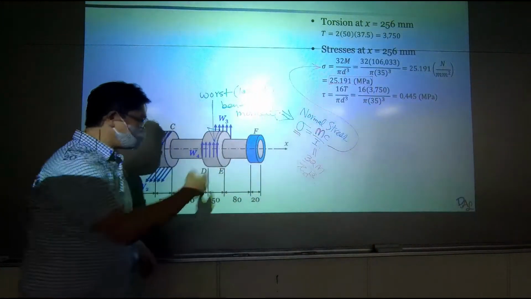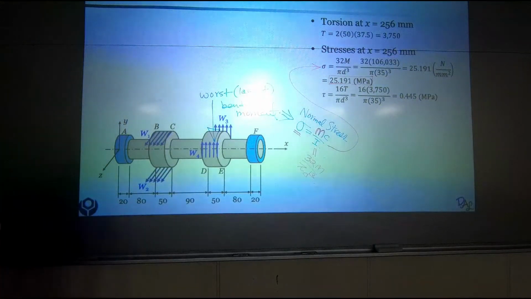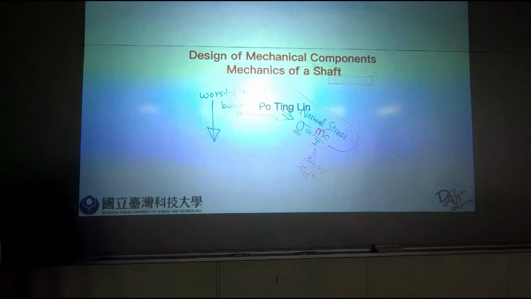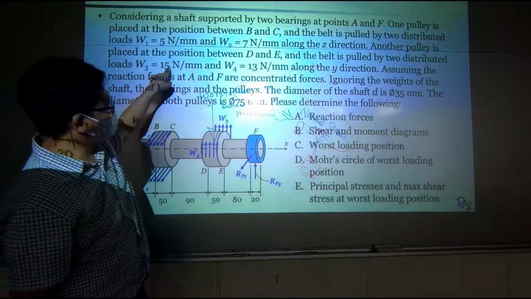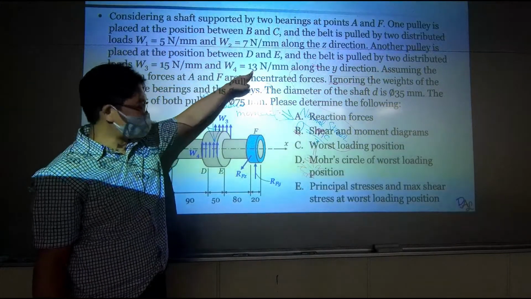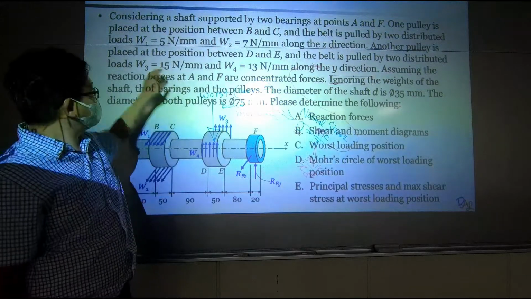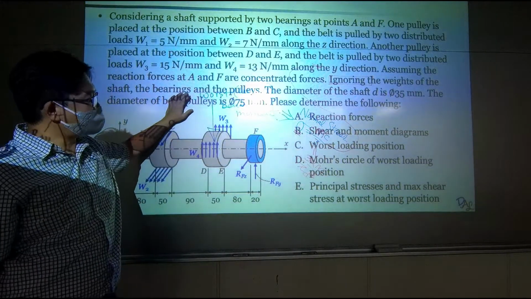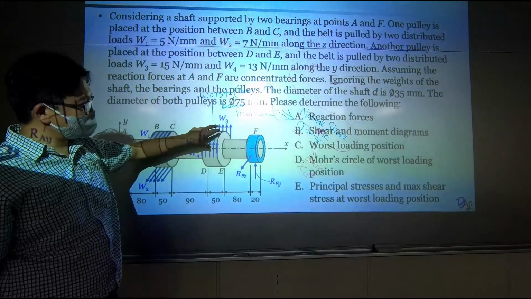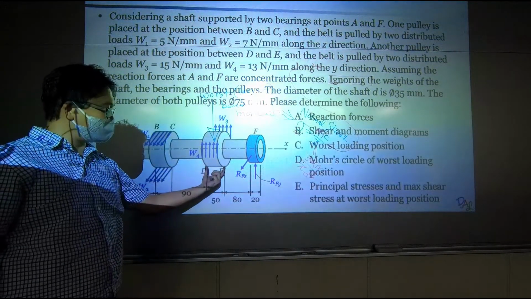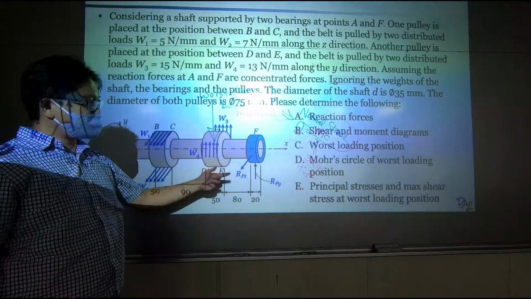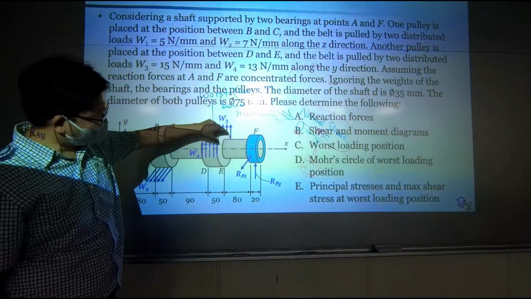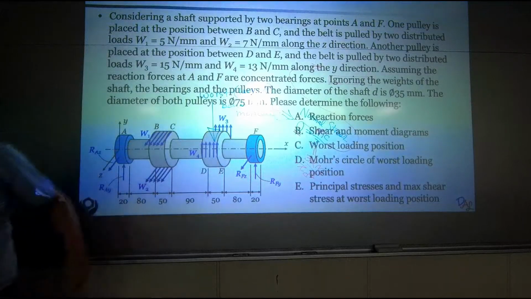So what is 2? 2 is based on 15 minus 13. There's a 2 overall distributed load, and then multiplying the width, we end up with a concentrated load. Multiplying the radius, we can calculate the torque.